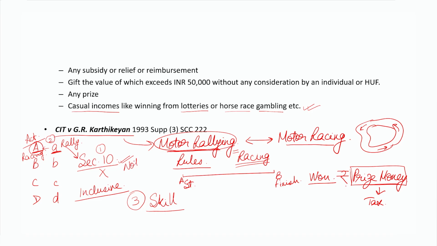So not within the exception. Second was that it was already mirroring something that was provided for within the Act. And third, that it was an income which you were deriving on the basis of you exploiting your skill that you had. And therefore, the court said that we are going to impose tax on this prize money. I hope that this case is clear to all of you.